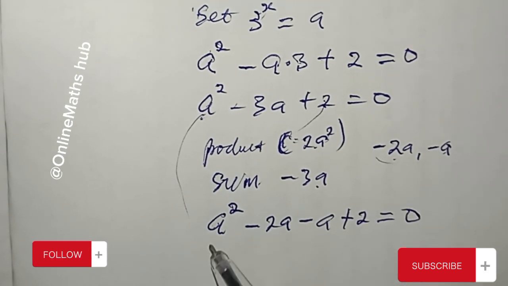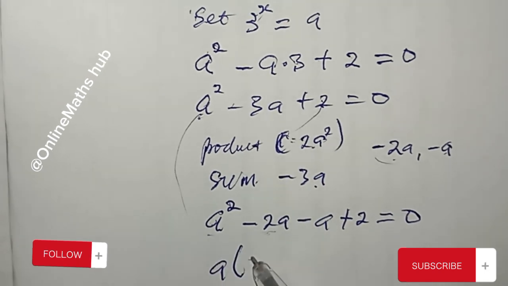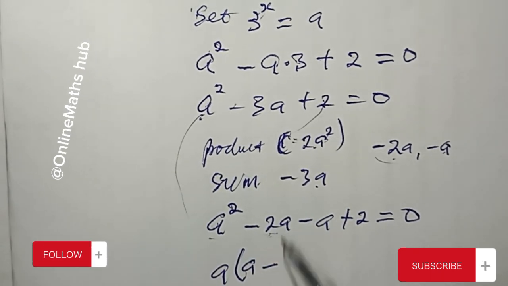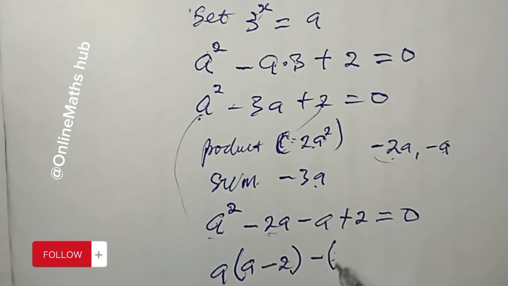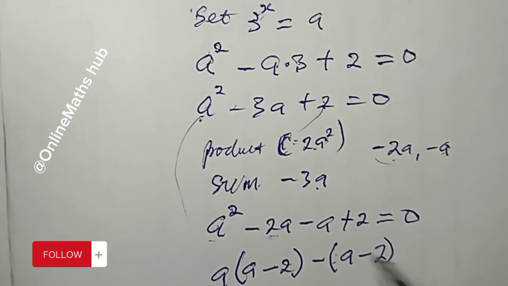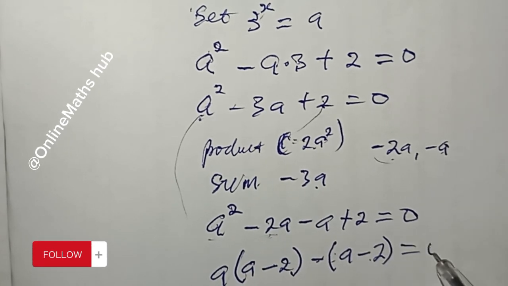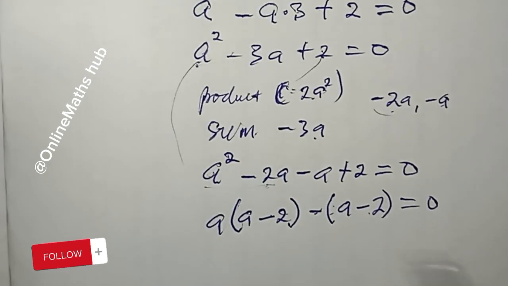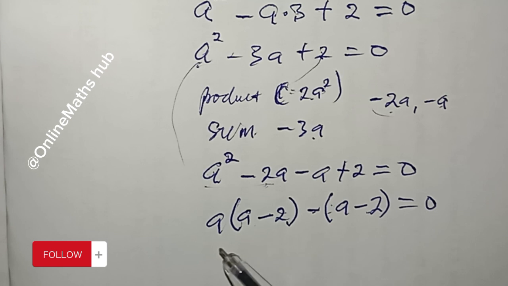So I'm going to go ahead and factorize. If I factorize a from here, a will remain here, and if I factorize a from here, 2 will remain. Here I will factorize minus 1, so put this in bracket a minus 2, so that when this minus opens the bracket, it returns plus. This is equal to 0. Because the two brackets are looking the same, I'm going to pick one.